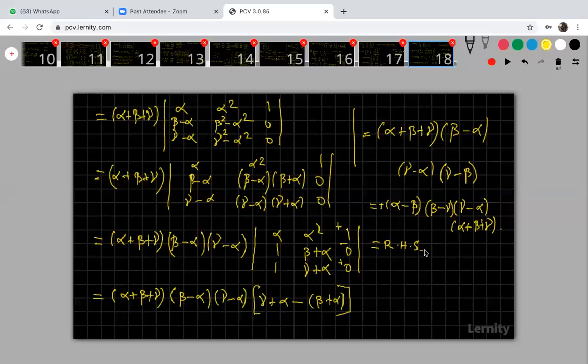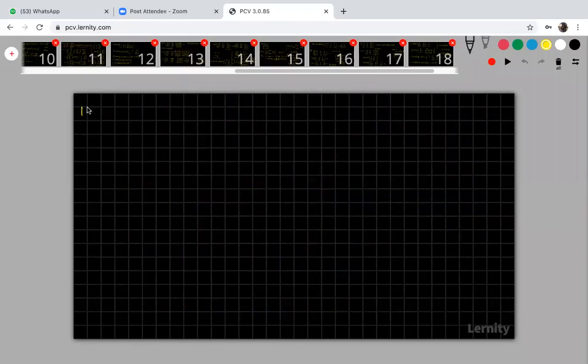Okay, come to the next problem. The question number 12. Look at that, this is also a prove that question.